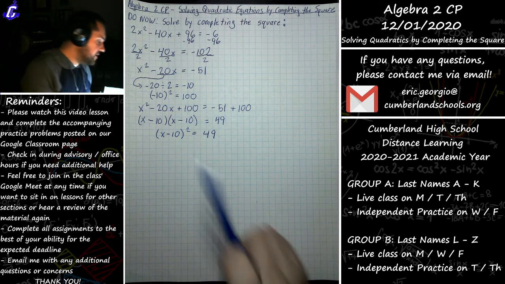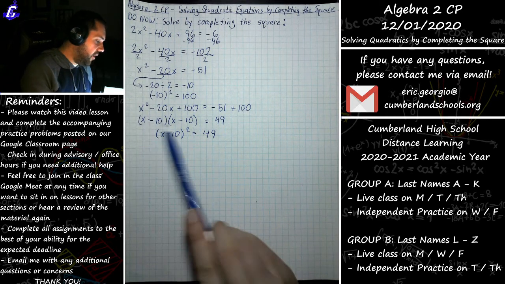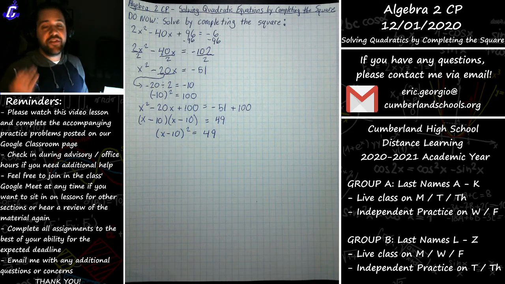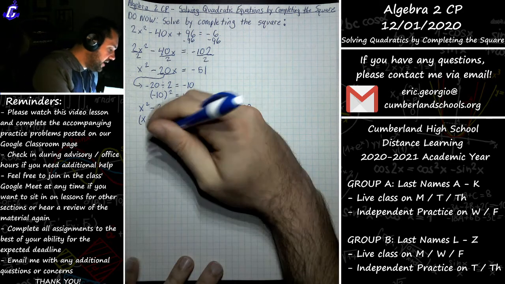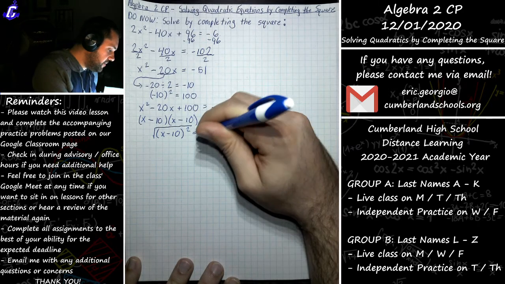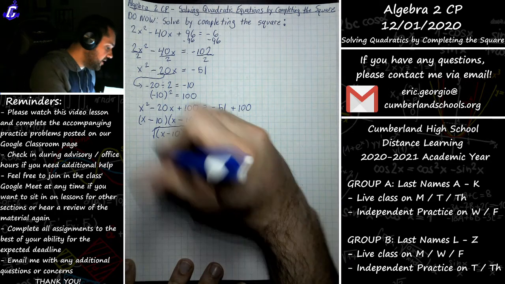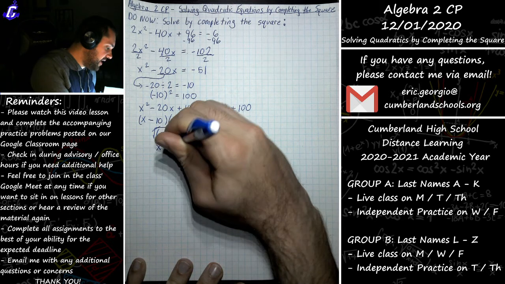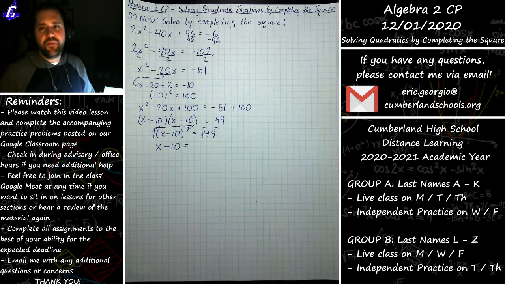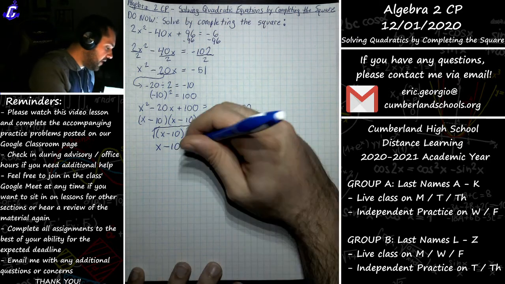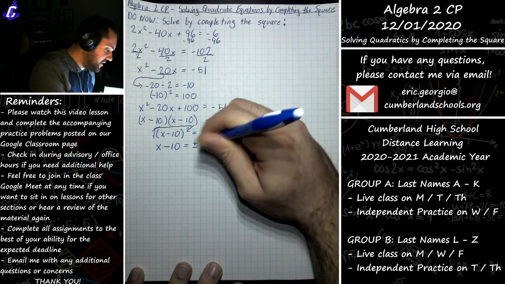That's nice because now we condensed all this down to just one binomial squared, and we can take the square root of both sides in order to cancel out the squared term. So we get rid of that squared operation by square rooting both sides. That gives us that x minus 10 is equal to not just 7, remember. It's very important that we include that this is plus or minus 7.